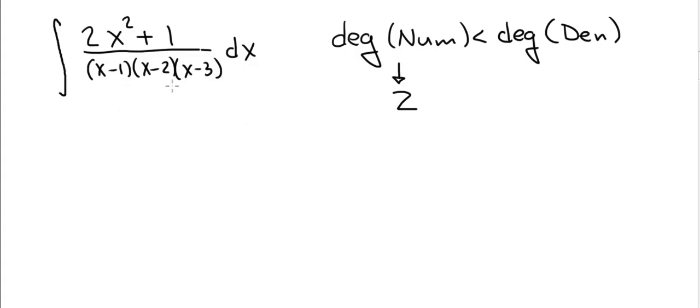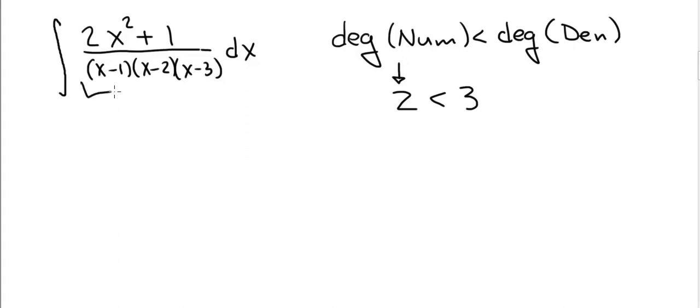The 3 x's, when multiplied, will yield x cubed, so the degree of the denominator is 3. So in fact, it is true: the degree of the denominator is greater than the degree of the numerator. If that's not the case, if they are equal or the degree of the numerator is bigger than the degree of the denominator, we first have to perform long division and then use the method of partial fraction.